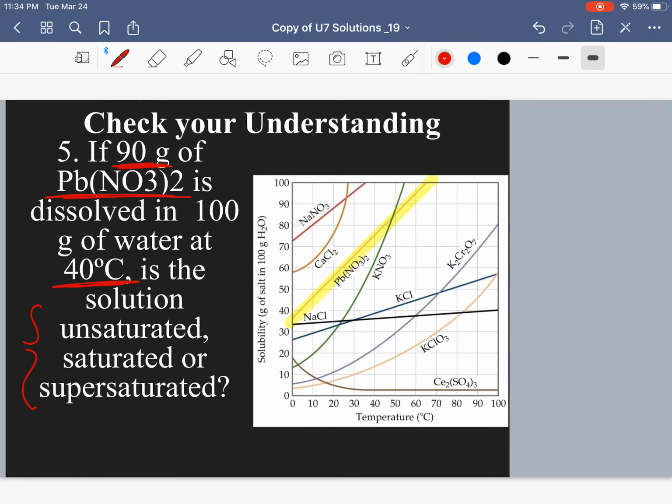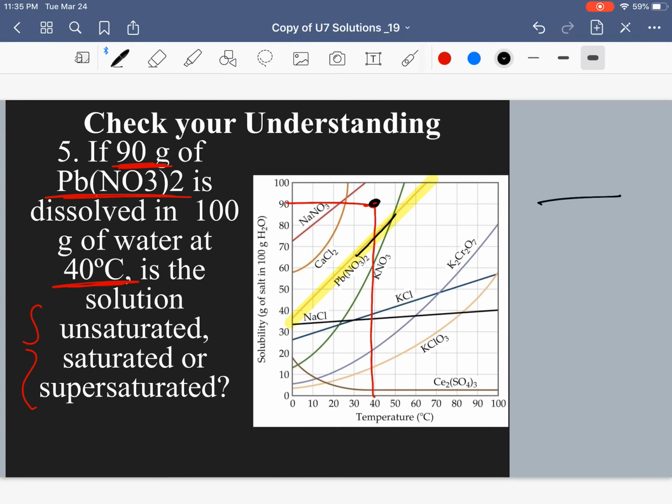And so then 90 grams, we're going to follow it over until we meet 40 degrees Celsius. And look where we're at compared to, here's the line of interest, but here's my dot. I am above the line.